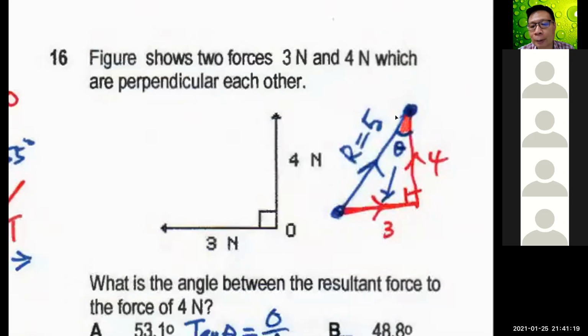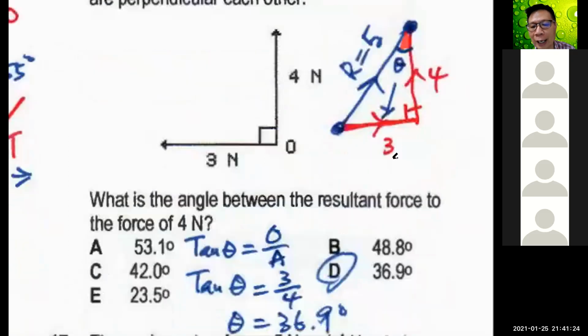So find this angle. To find this angle, use tangent. Tangent is opposite over adjacent. This angle is here, opposite is 3, adjacent is 4. This is the hypotenuse, right? 3 over 4.